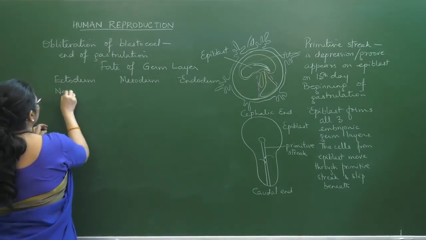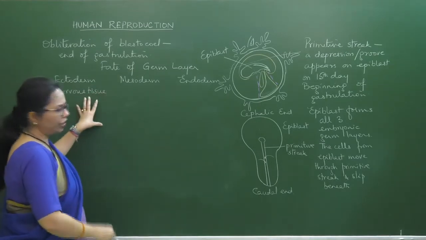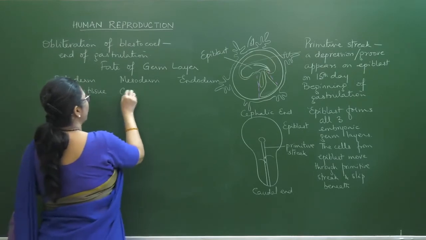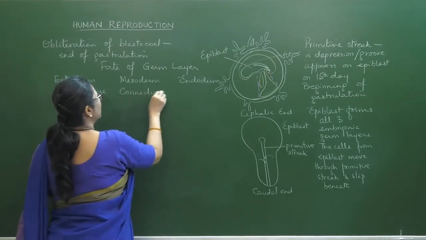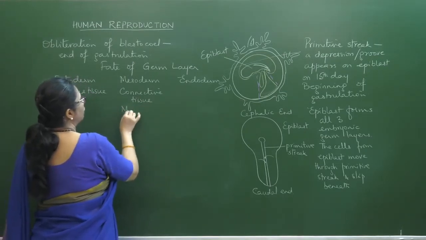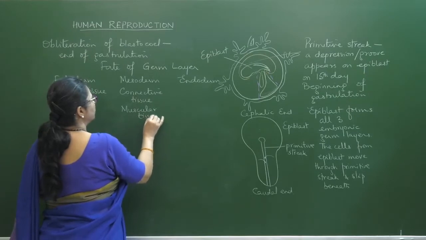The entire nervous tissue, so brain, spinal cord, anything you get, will be from ectoderm. Mesoderm gives connective tissue, so heart, blood, lymph, blood vessels and muscular tissue also, all come from mesoderm.